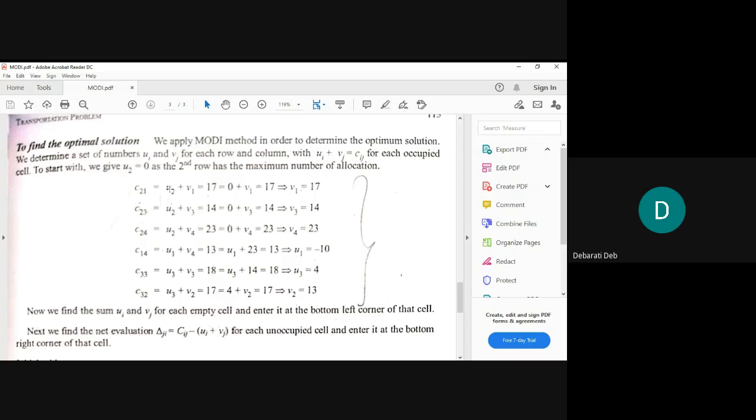U2 we have assumed as 0, so you will write 0 plus V1 equals 17. That implies V1 equals 17.